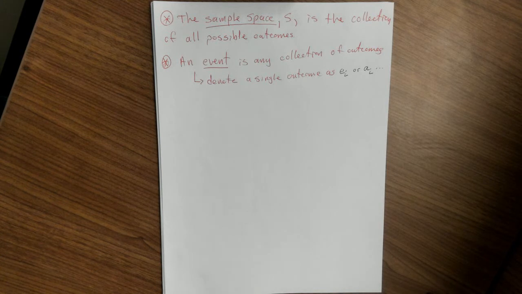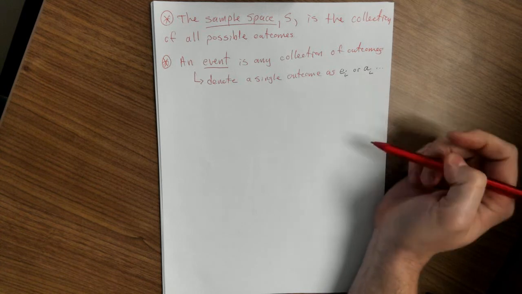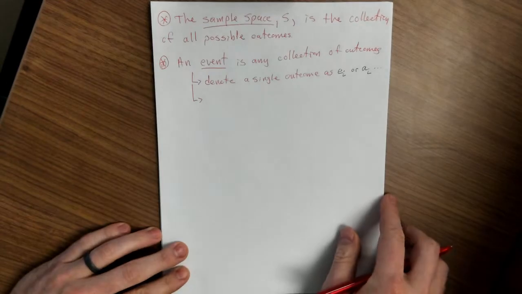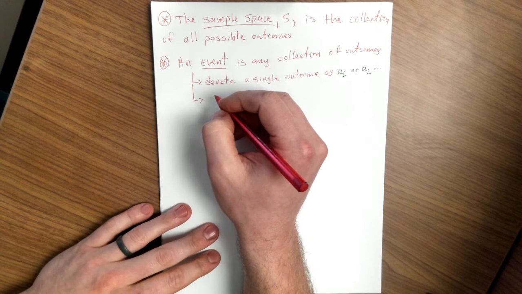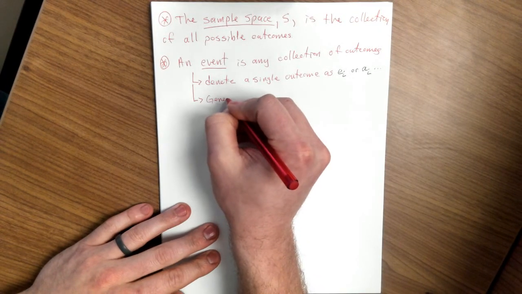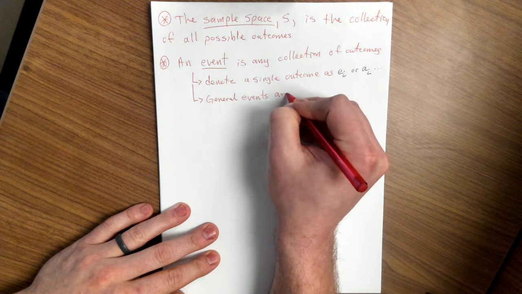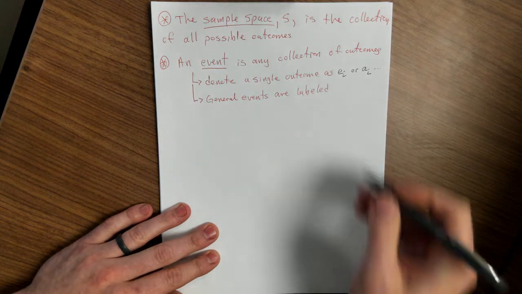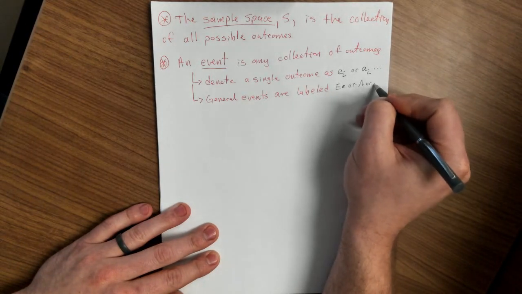So if you wanted to know the probability of observation 100 occurring at that point, that's what you would label it as there. We'll get to some examples of what this is doing. And then the other one, general events, are labeled with a capital E or A and so on.